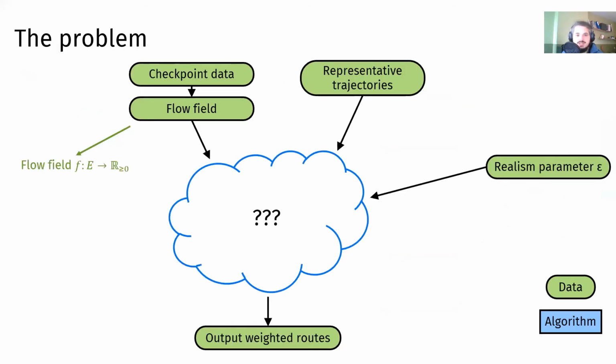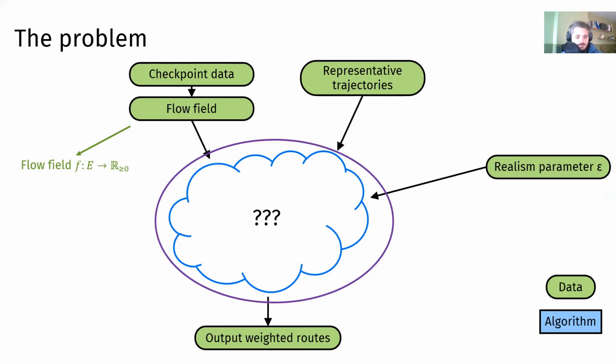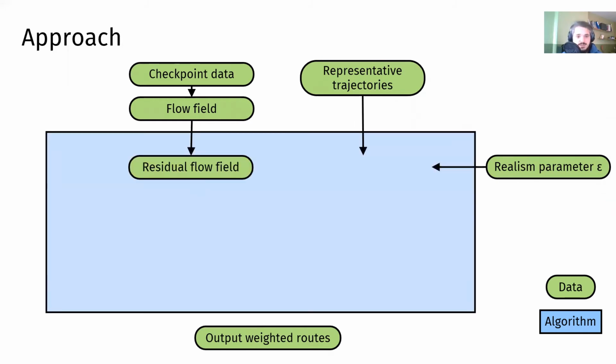So now the big question is, what are we going to do here in the middle? It's maybe good to mention here that a lot of variants around our problem are hard. So we'll be looking at heuristics. In particular, what we're going to do is the following. We are going to use our flow field as a residual flow field initially. This is in essence the amount of unexplained flow or unexplained traffic in our network.